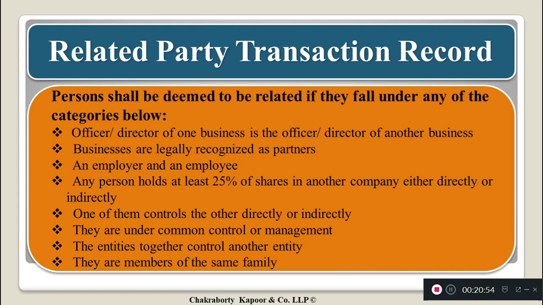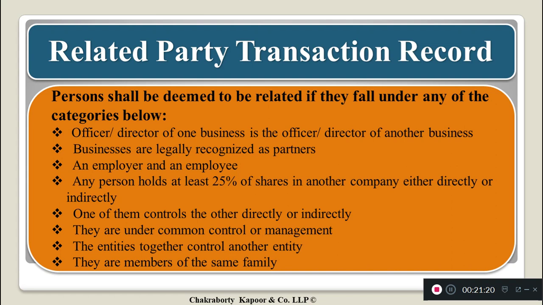An officer or director of one business who is the officer or director of another business shall be considered a related party. If businesses are legally recognized as partners, or an employer and an employee. And if any person holds at least 25% shares in another company, either directly or indirectly, shall be considered a related party.